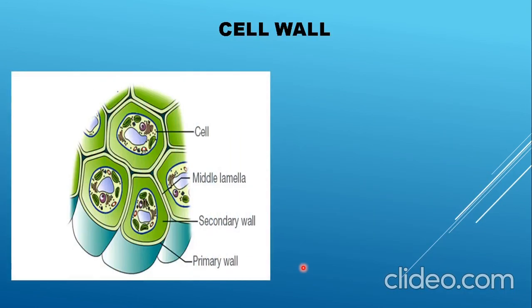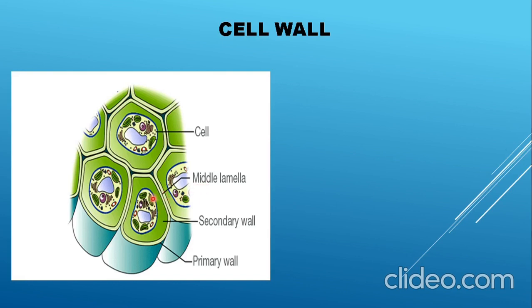Now, furthermore, we can see here these are the individual cells, and the broad part has been shown as the cell wall. Two adjacent cells always have a common dividing layer, called the middle lamella.